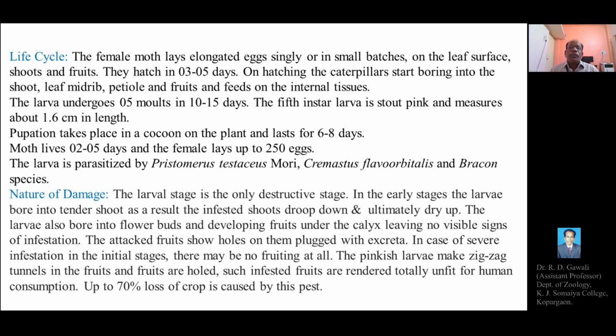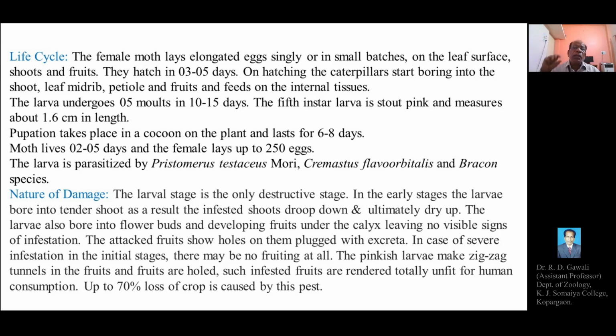The larva is parasitized by Pristomerus testaceus and Cremastus flavoorbitalis and also the Bracon species. So these are a number of insects such as wasps belonging to order Hymenoptera, which are the parasites of the larva or the caterpillars of the brinjal fruit borer.